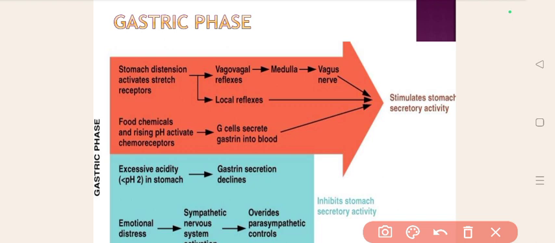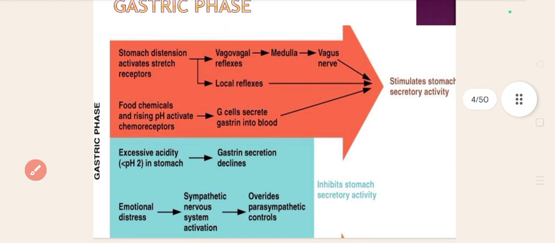Now, in contrast, if you are having hyperacidity, excessive acidity, meaning pH is less than 2 in your stomach, gastrin secretion will decline. Or if you are in emotional distress, like you are depressed, anxious, or there is some tension, your sympathetic nervous system will be activated.